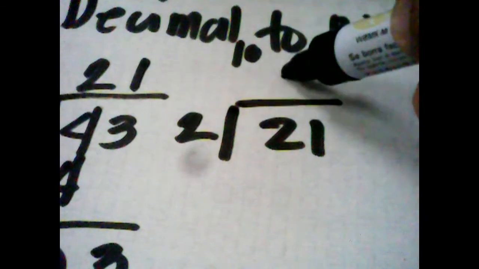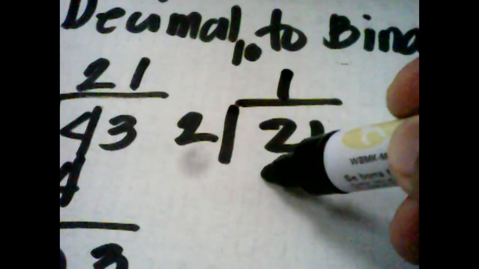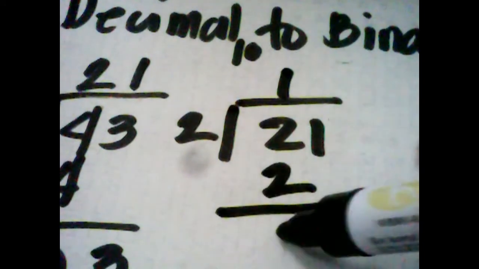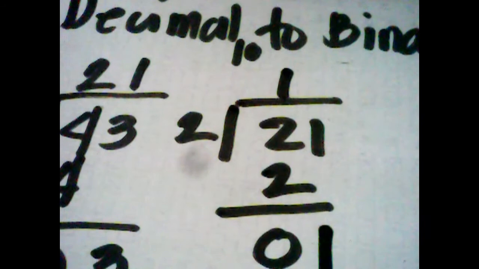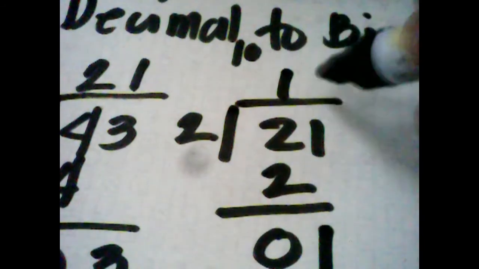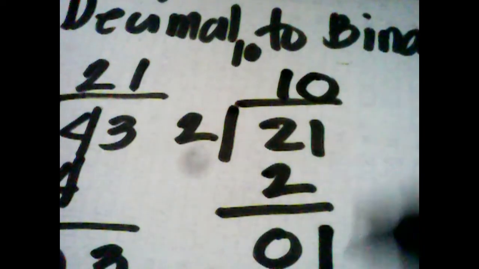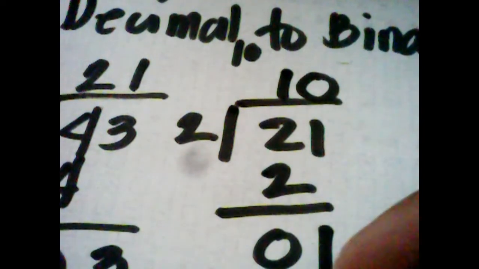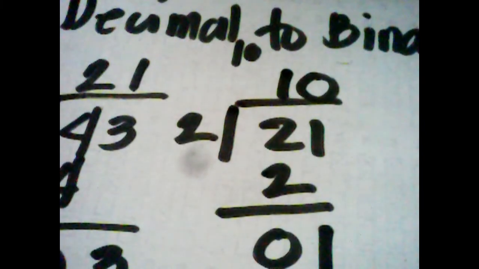So we have 1, 2 and 1 will make a product of 2. We have a difference of 0. We bring down 1. So 1 cannot be divided by 2, so we have to put 0. 2 and 0 will make a product of 0, and we have a remainder of 1.